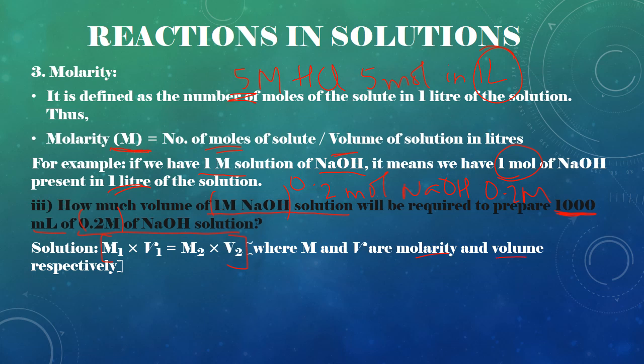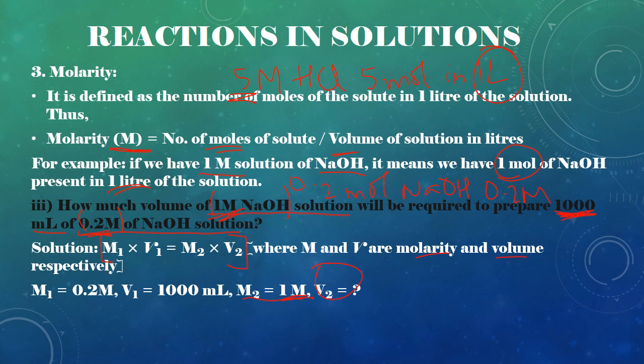Now let us take M1 to be 0.2 molar and V1 to be 1000 ml. That's the solution which we want to prepare. And the solution we have is 1 molar NaOH, and that we will take as M2. So how much of this solution do we require? That's volume 2 that we need to find out.